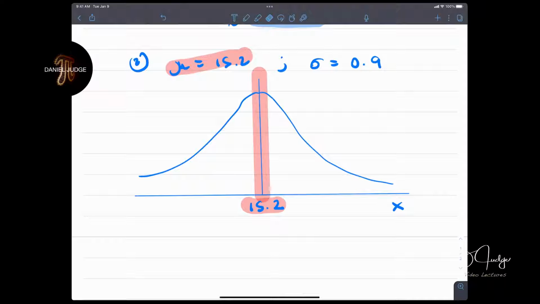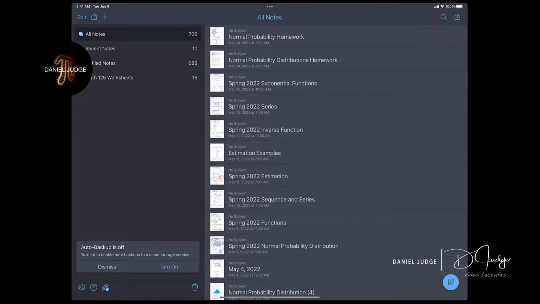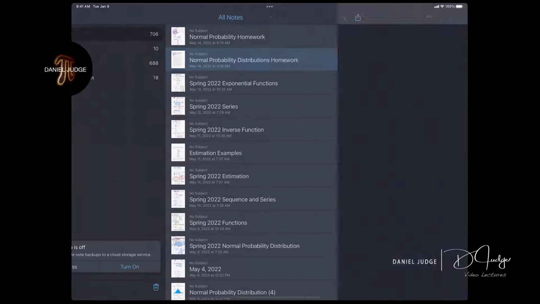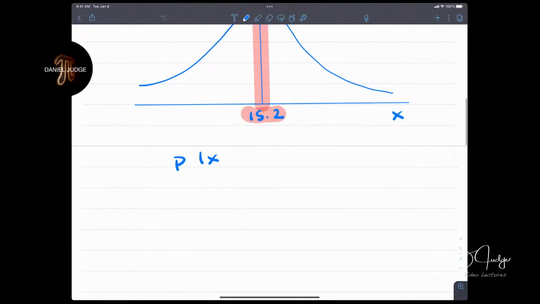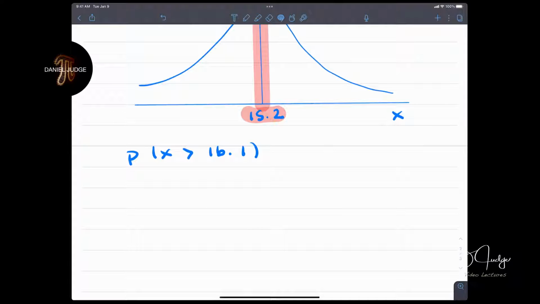Now, remember what the question was. We're going to write it down. They're saying here in this question, what's the probability that x is, go back, what's the question? We want to be sure. Greater than 16.1. Okay. So 16.1, ladies and gentlemen, is a larger number. It lives to the right of 15.2.